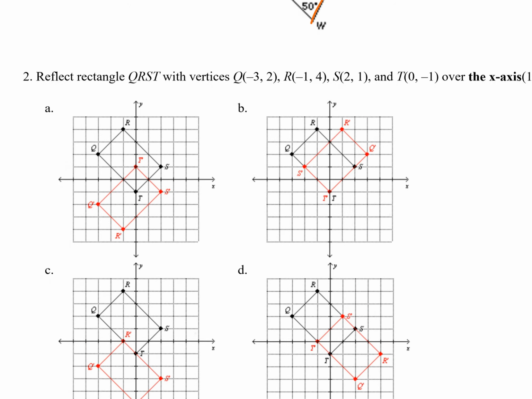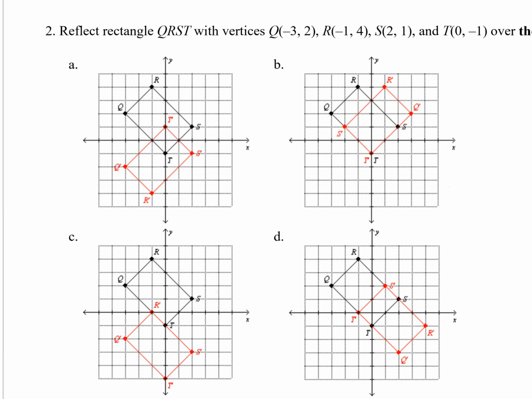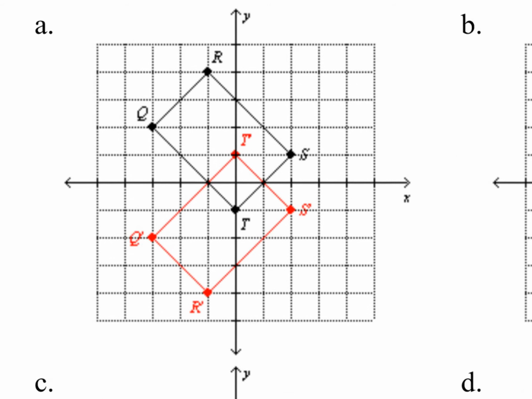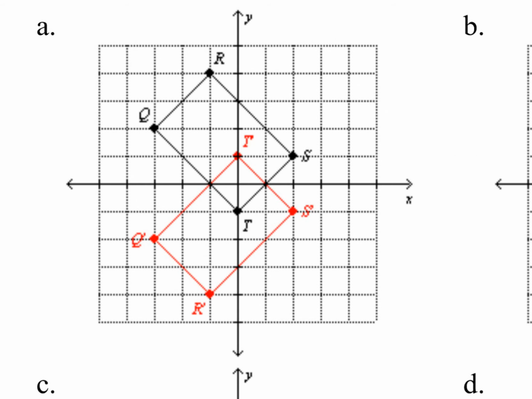All right, in this one, we're reflecting over the x-axis. So it's a multiple choice, but we will just use one of them to check the reflection. In this case, I'm going to notice that the pre-image Q is 2 away from the x-axis, and this point is also 2 away from the x-axis.